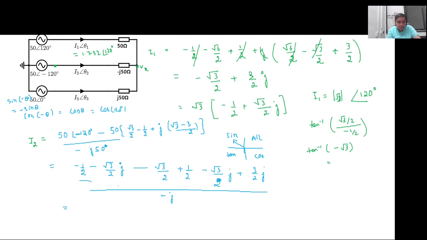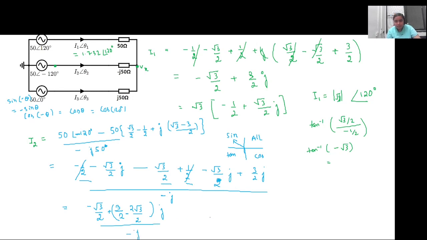So we have this minus half, we have this, and we have this. So minus and plus half will get cancelled. We have minus root 3 by 2. Then in the imaginary part, we have minus 2 root 3 by 2, and we have plus 3 by 2, all j by minus j.